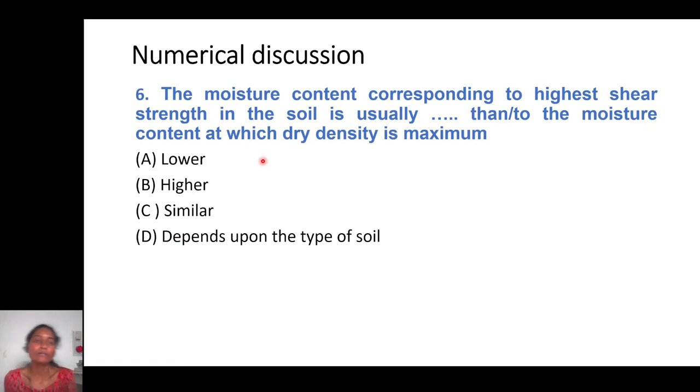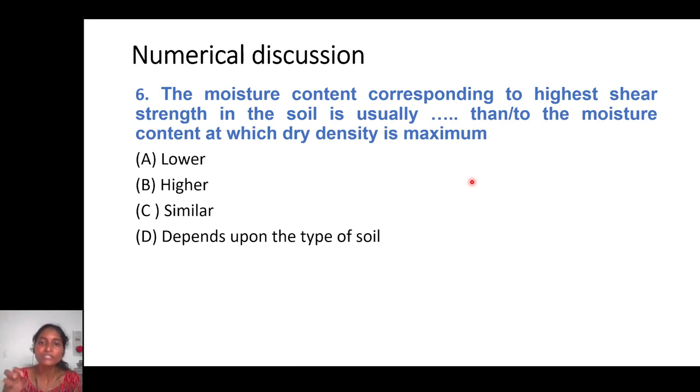Why? Because if you take the optimum dry density curve, initially when you slowly add the moisture content, before OMC, all the soil particles are in a flocculated state, like they are about to come into the compacted state. Beyond OMC, they will all be dispersed, arranged in a flat structure, in layers.